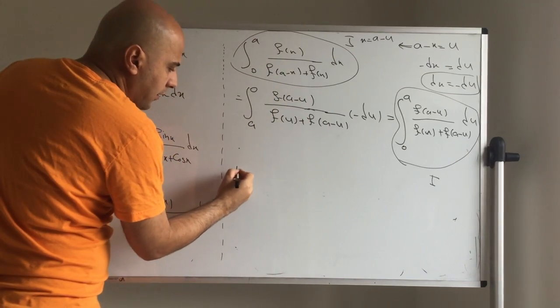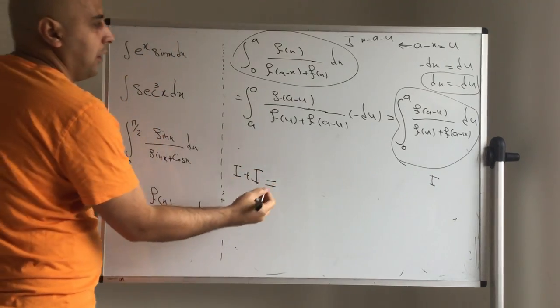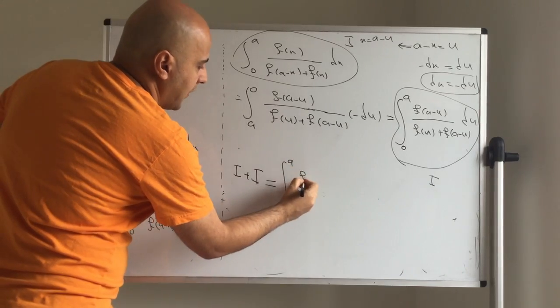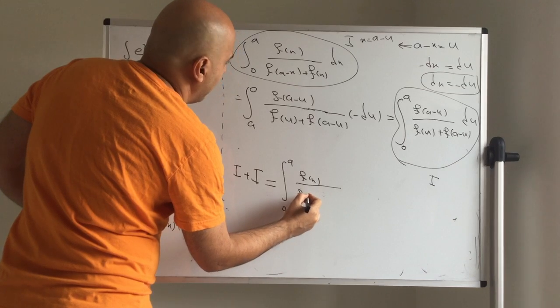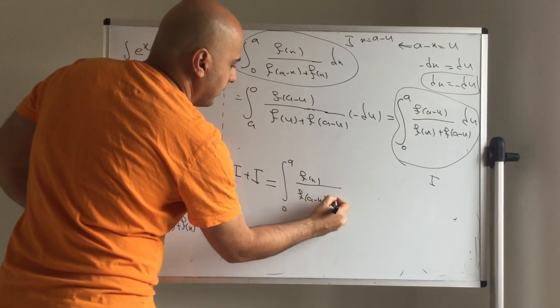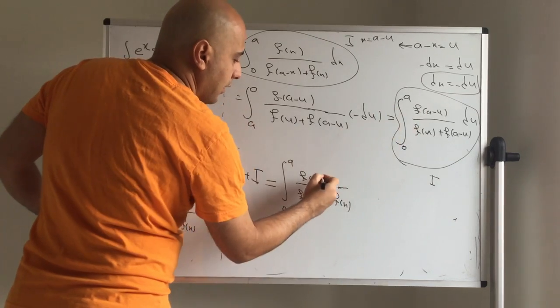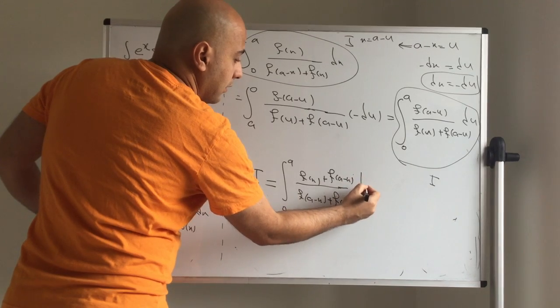Let's see I plus I. What's I plus I? So you will see, the integral from 0 to a of f(x) over f(a minus x) plus f(x) plus f(a minus x) over f(x) plus f(a minus x) dx.